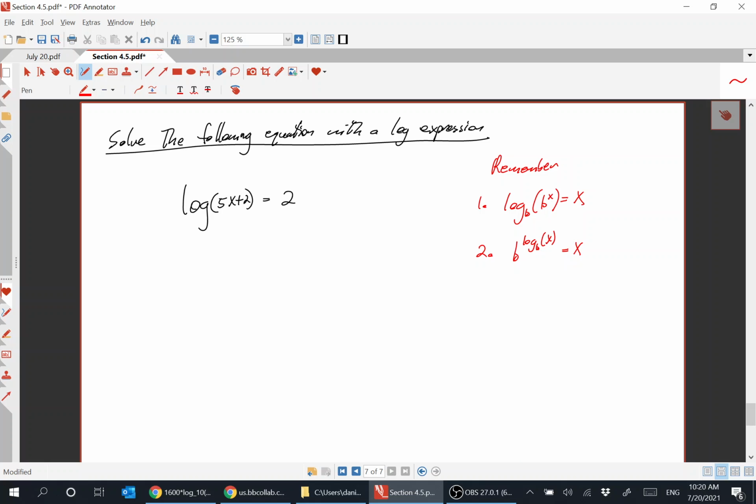In other words, log and exponential functions with the same base are inverses of each other. So in particular, log of 10 to the x is equal to x, and 10 to the log of x is equal to x.